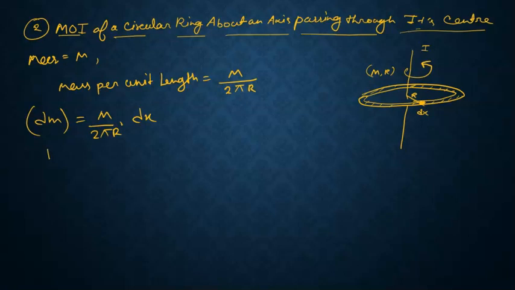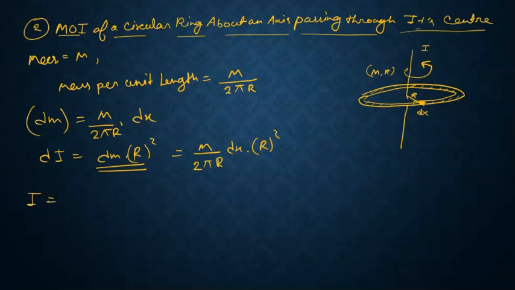And the third step is putting the value of dI. dI equals dm into r square. We put r square because the distance is not varying, this is constant. So that is equal to m by 2 pi r dx into r square.